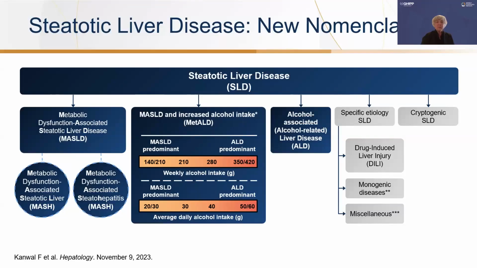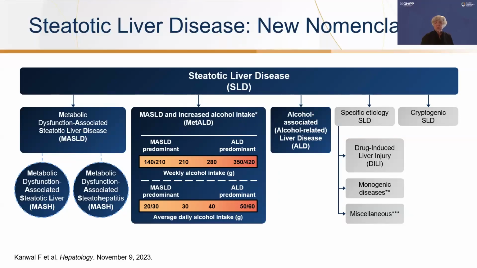And I know that a lot of people are not necessarily drinking only 6 ounces, and that is on the very low end of that MetALD. And then once we move over to that alcohol associated liver disease, we see that that ALD predominant is 350 grams to 420, and that is really not that much alcohol, and that's on a daily basis. So greater than 2 drinks a day for females, greater than 3 drinks a day for males.